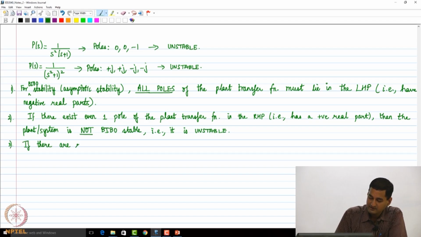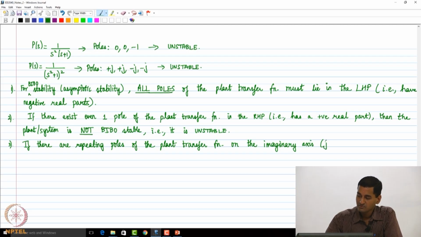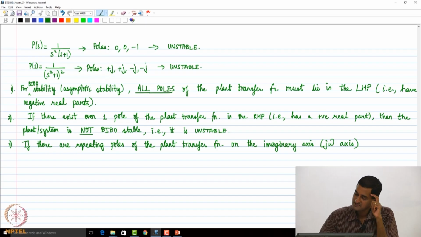If there are repeating poles of the plant transfer function on the imaginary axis, what we call the j omega axis, because s is written as sigma plus j omega, so the imaginary axis is called the j omega axis.